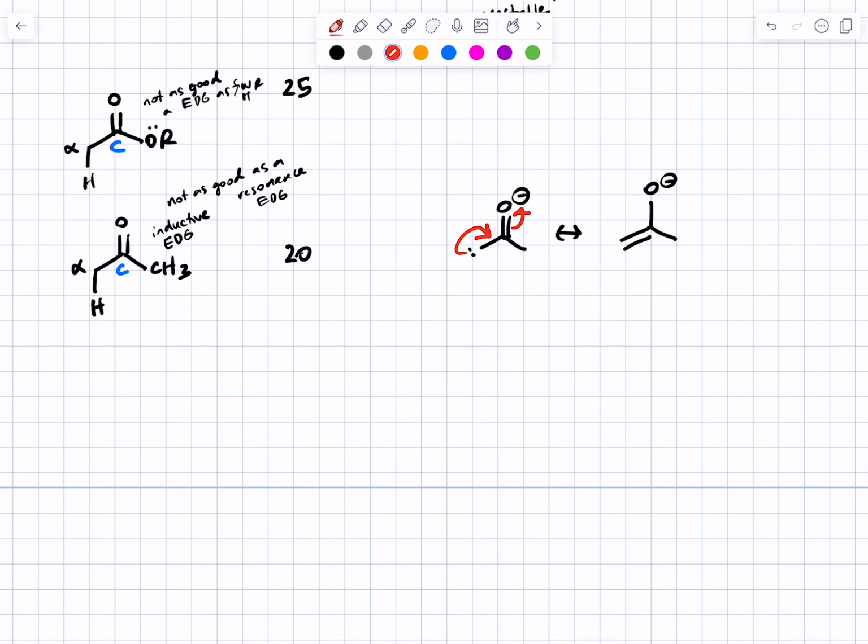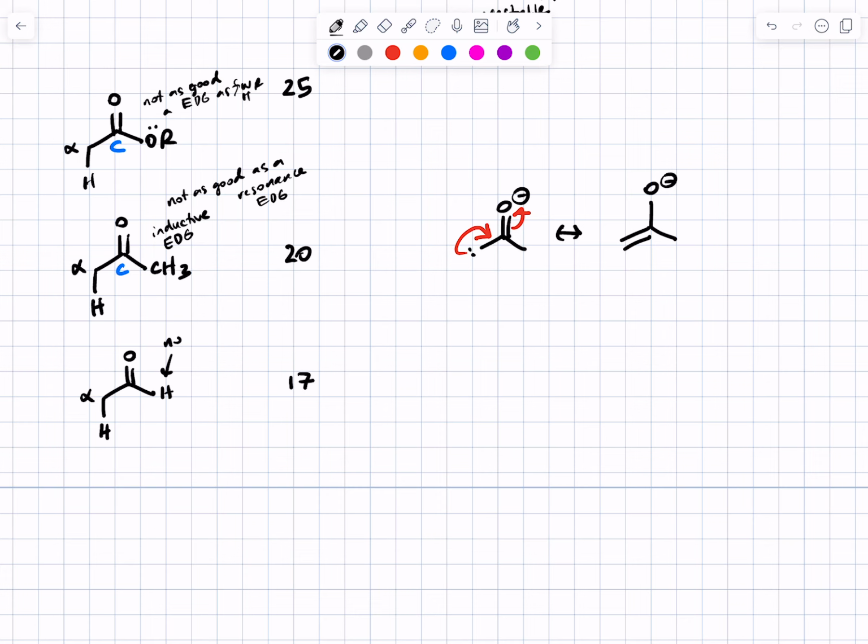For the same reason, you're going to expect aldehydes to be a little bit more acidic than ketones. The pKa for this simple aldehyde is around 17. That's a factor of 1,000.